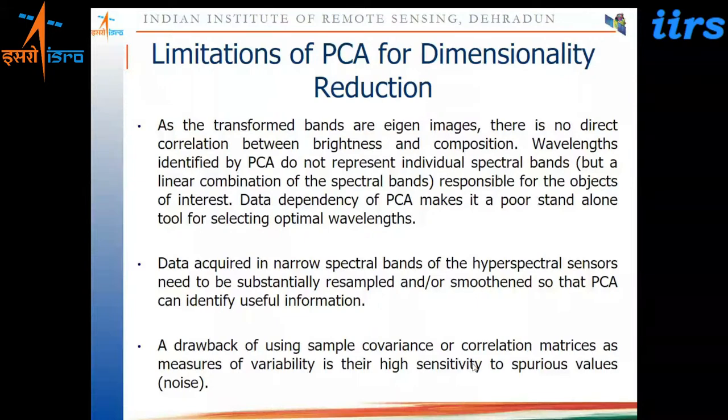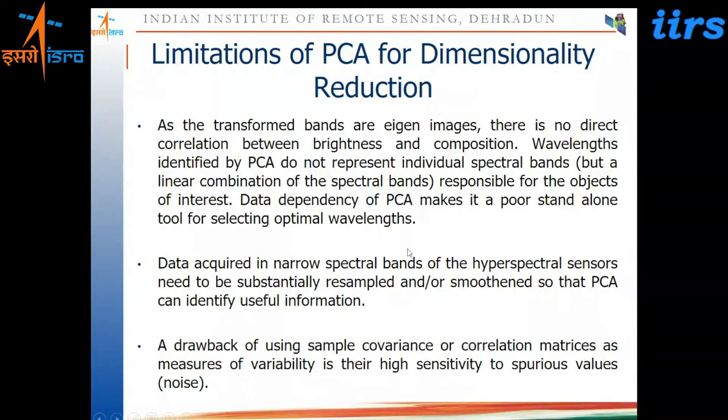We have to derive some other mechanism in which the noise segregation happens first, and then apply the principal component rotation, so that the components which are reduced dimensionally are more reliable compared to the noisy components. So what do we do for that?